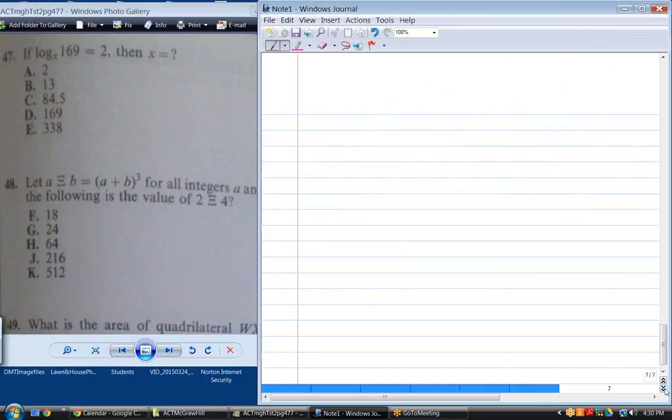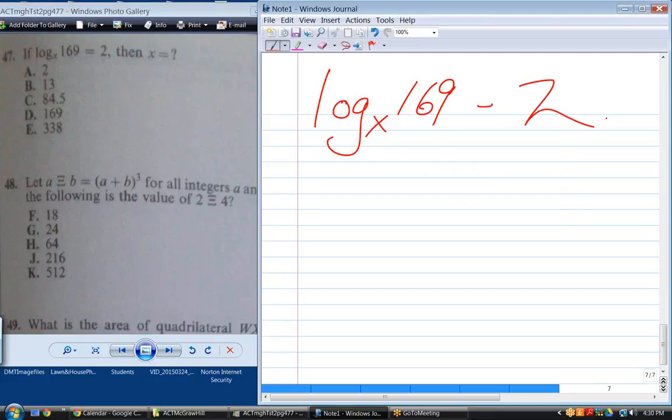So if I say the log base x of 169 equals 2, give me what the exponential expression would be. That's the total answer. If you can convert this to an exponential expression, you'll be able to solve it very easily.